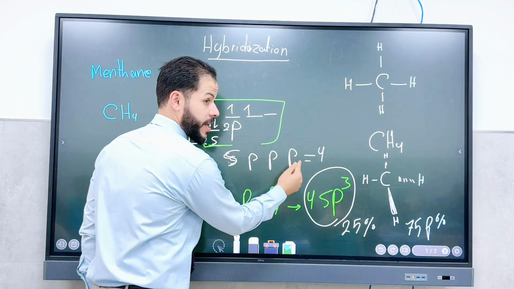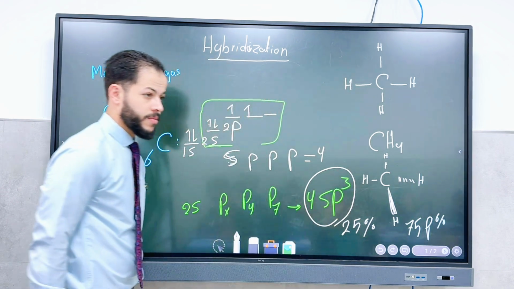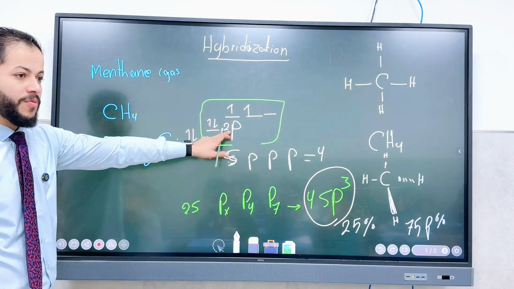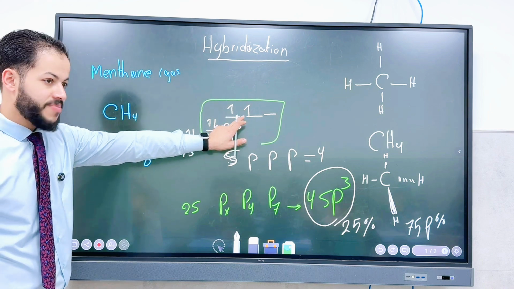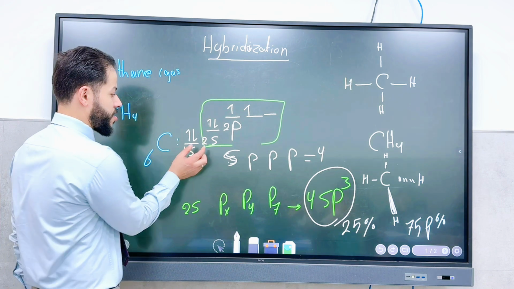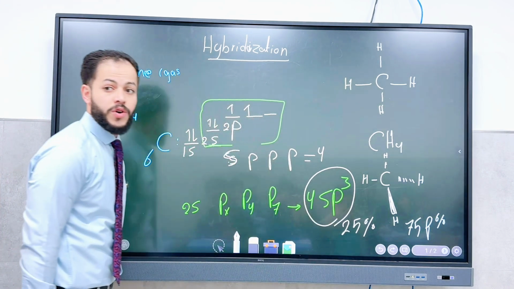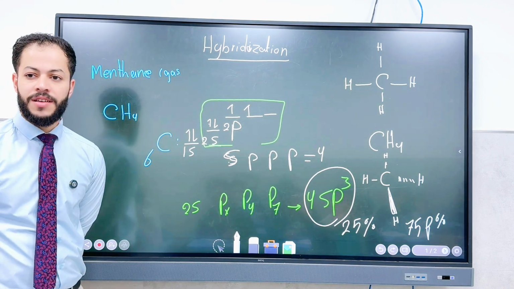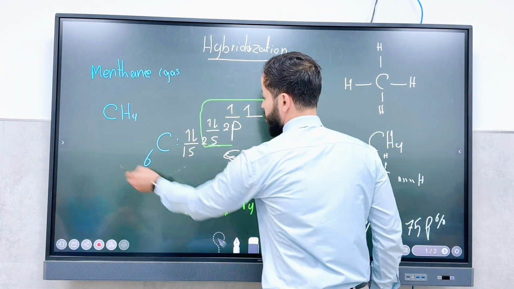And how many p orbitals? 3. So we name it sp3. From where do you get 3? Because 2p. How many orbitals in the 2p, Anas? px, py, pz, right? So hybridization happens between 1 s and 3 p to form 4 hybrid orbitals of type sp3, capable of forming how many bonds, guys? 4 bonds.